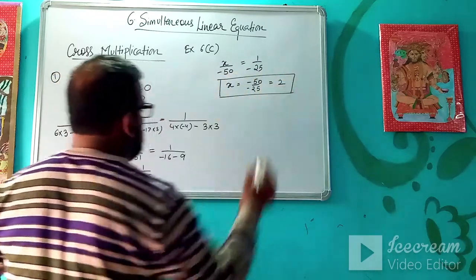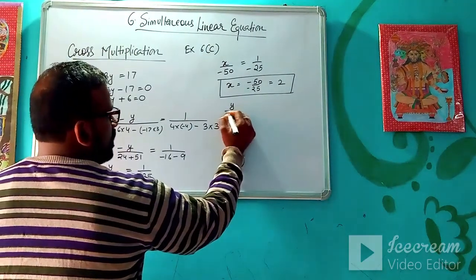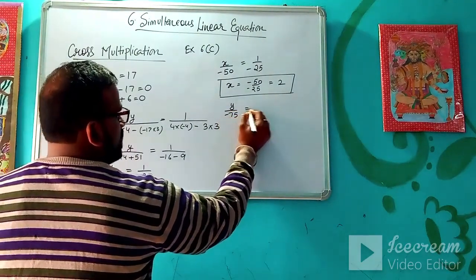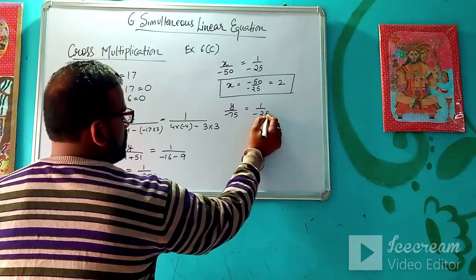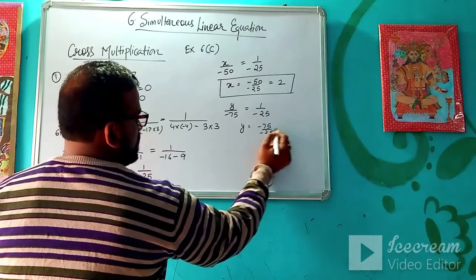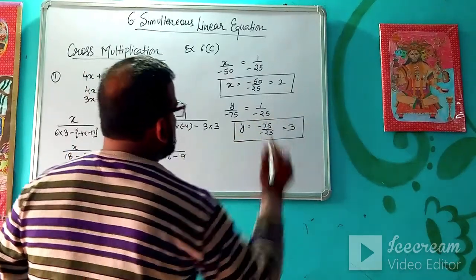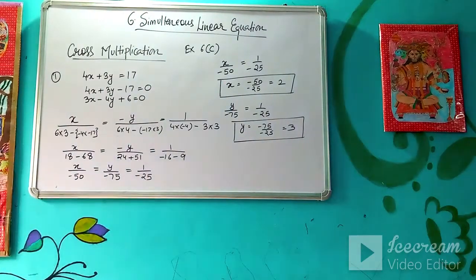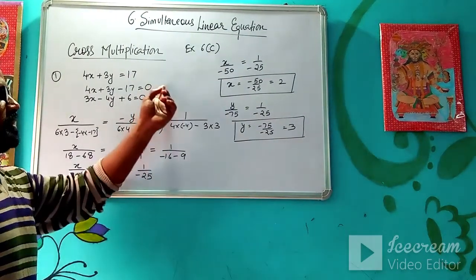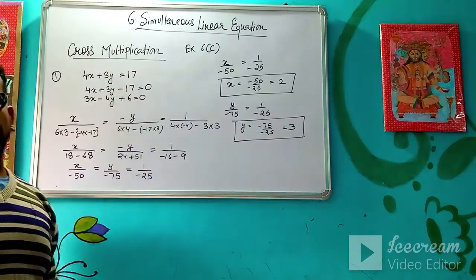This is the value of x. Then we will compare y. y upon minus 75 equal to 1 upon minus 25, so y we will get 3. So we have solved these two linear equations and found the values of x and y using the cross multiplication method.